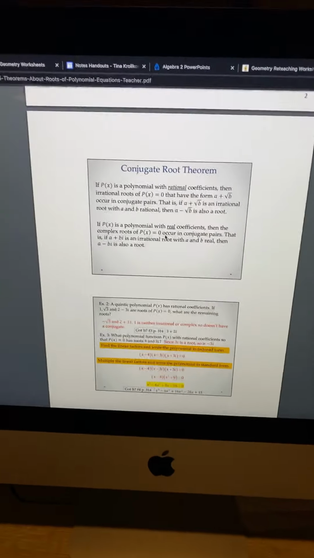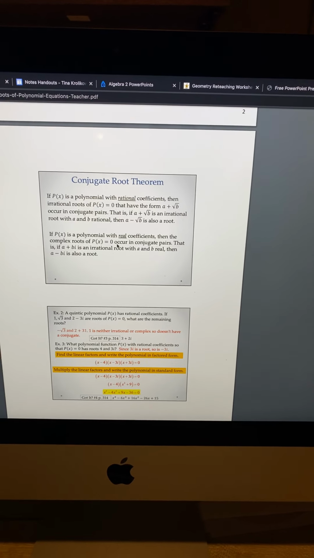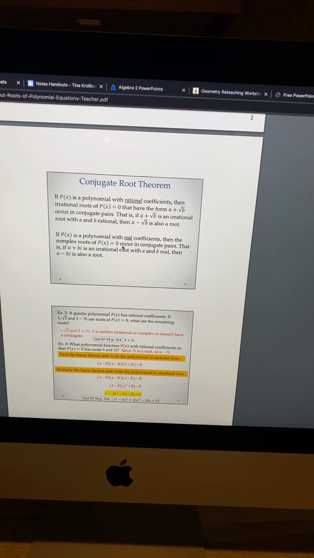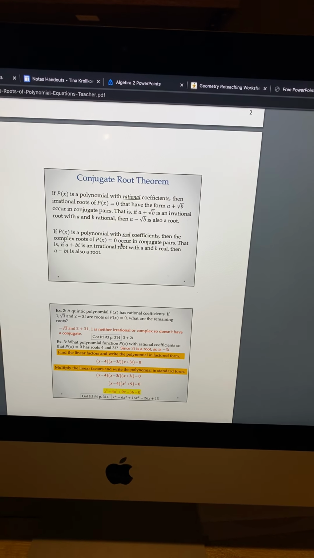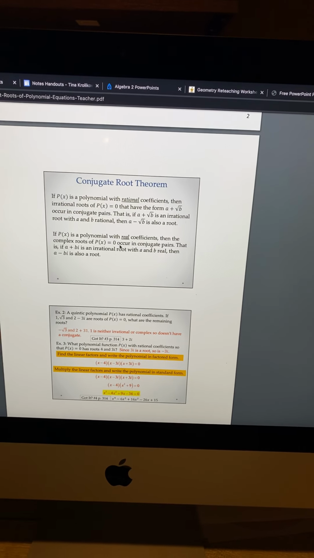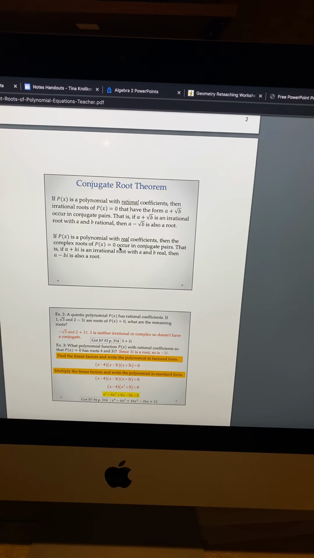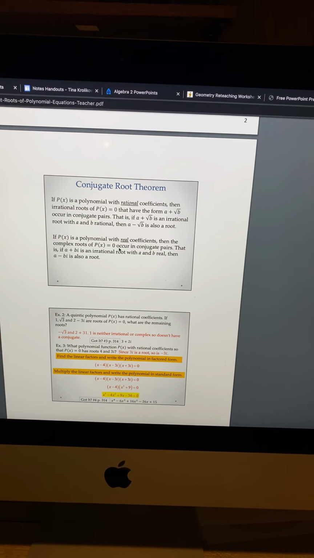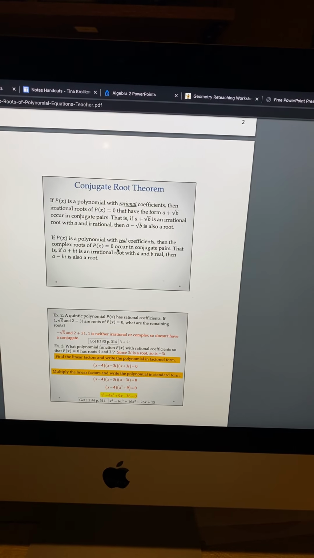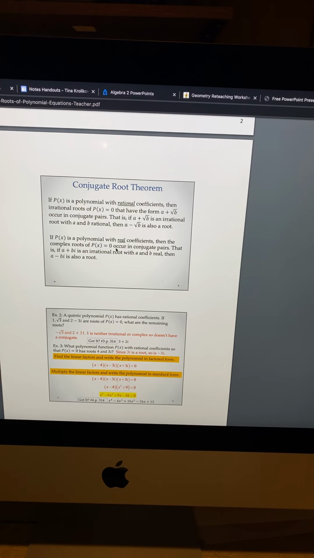So in essence, what we have been doing is to prepare you for the more, I don't want to say tedious, but when we go to the conjugate root theorem, if you look at this, if P of X is a polynomial with rational coefficients, then irrational roots of P of X equals 0 that have the form of a plus the square root of b occur in conjugate pairs.